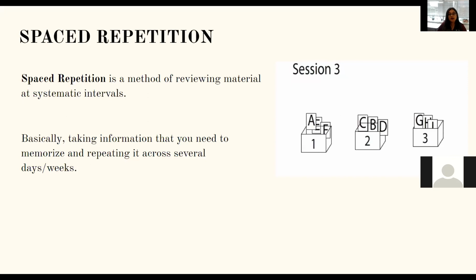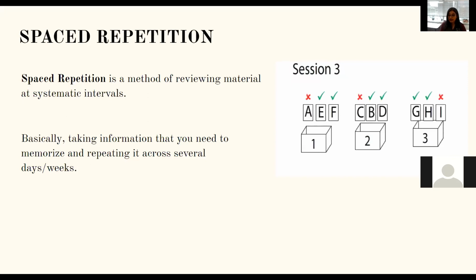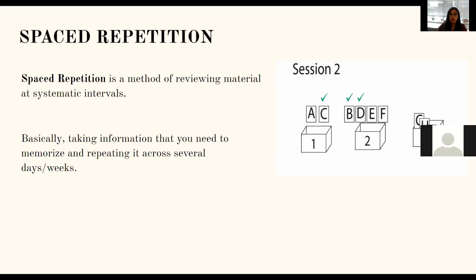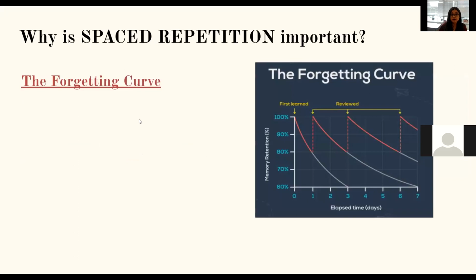If you're studying for a final exam and you've gone through the planning piece and the backwards planning piece, and you know that you have 4 weeks to study, it's going to help you get through this process of spaced repetition versus if you wait and study 2 days before your exam or 3 days before your exam. So it's important that you utilize spaced repetition in this process.